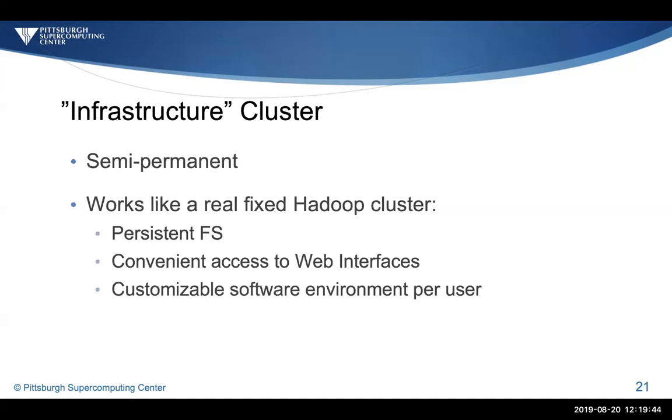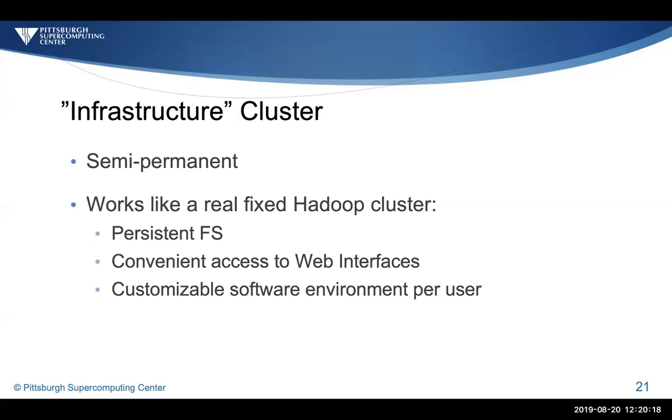Okay. Let's see, did I cover all of this already? It's semi-permanent, works like a real fixed Hadoop cluster, with a persistent file system. One of the advantages of having this is that it conveniently provides access to the web interfaces. Our network interfaces on Bridges are not usually available for typical jobs for security reasons, but for the fixed cluster, which is on predictable nodes, we've set up access under certain circumstances to the web interfaces, which are very useful when you're actually trying to do work with Hadoop and Spark and the other systems.